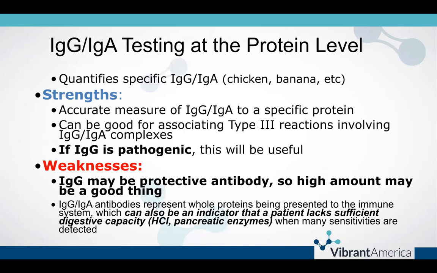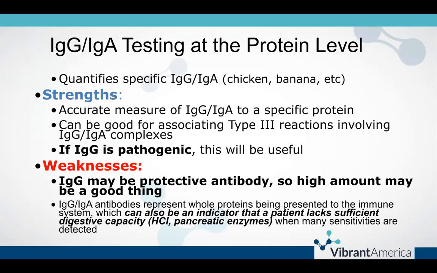A weakness of this type of testing, and again, when we're talking about the protein level, this is food sensitivity testing, so this is not food zoomers. This would be Vibrant's food sensitivity testing and all other labs that run food sensitivity testing. They are testing the whole protein of a food.